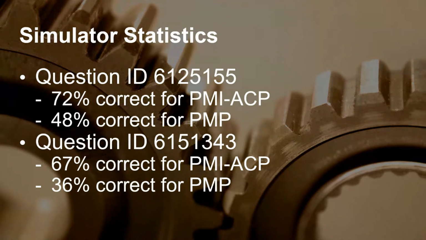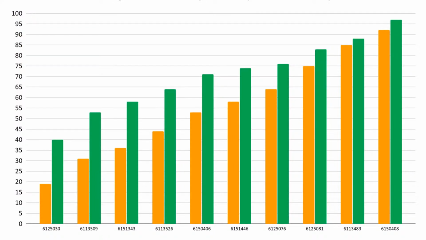Let me show you the overview of all the questions that we've analyzed. So we've looked at 250 Agile questions in our exam simulator. What you see here is 10 bands of green and orange, and each of these bands represents about 25 questions. The green ones are the Agile students, and the orange ones are the responses from the PMP students.